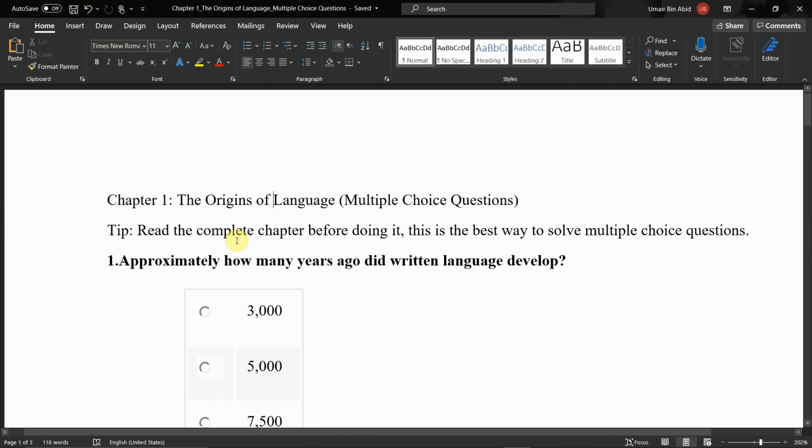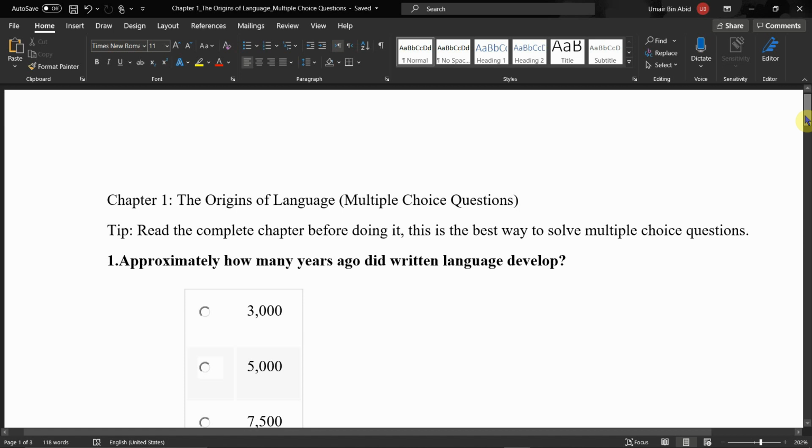I think this is the best way to solve any multiple choice questions, because these which I am going to share with you might not be the same which you may encounter in your exams, but these could be the most important MCQs, because they are provided by the Cambridge University Press, the publisher of this book. So these could be the most important, but there could be some different as well.